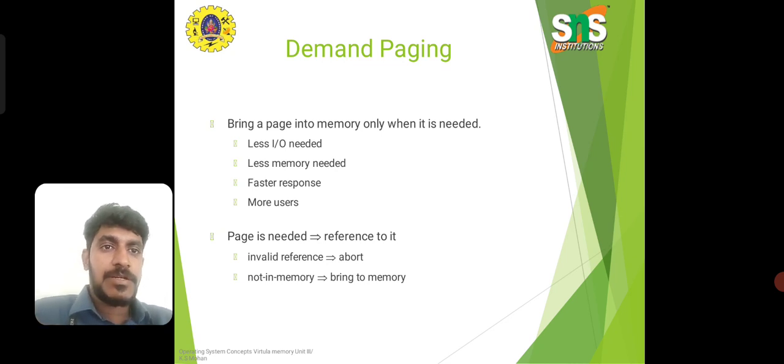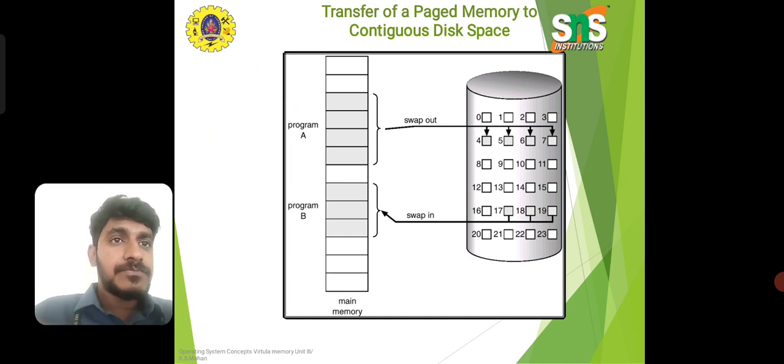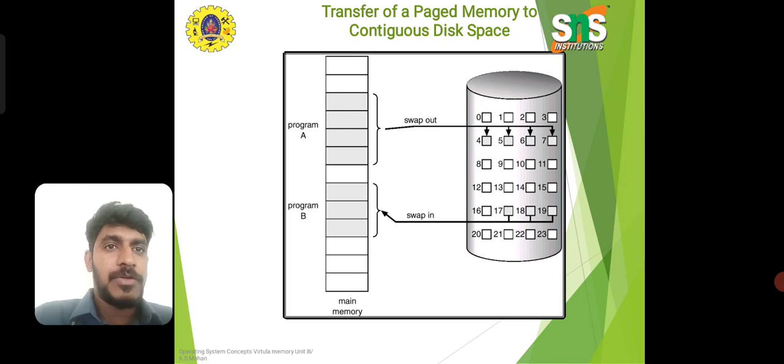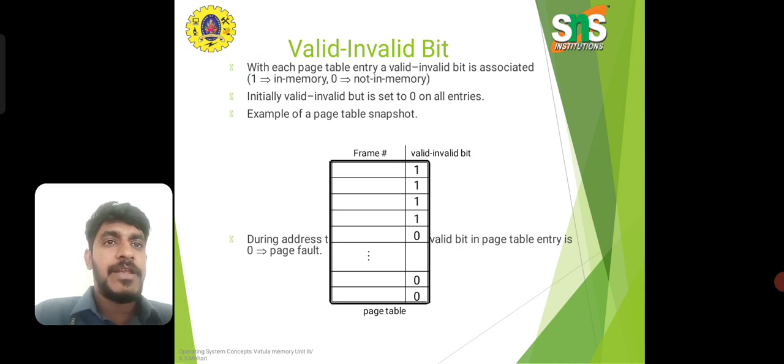Then the page has more values and other things. There is the transfer of a paged memory to contiguous disk space, the swap out and swap in, with program A and program B in the main memory. Next, the valid and invalid bit in the page table entries.